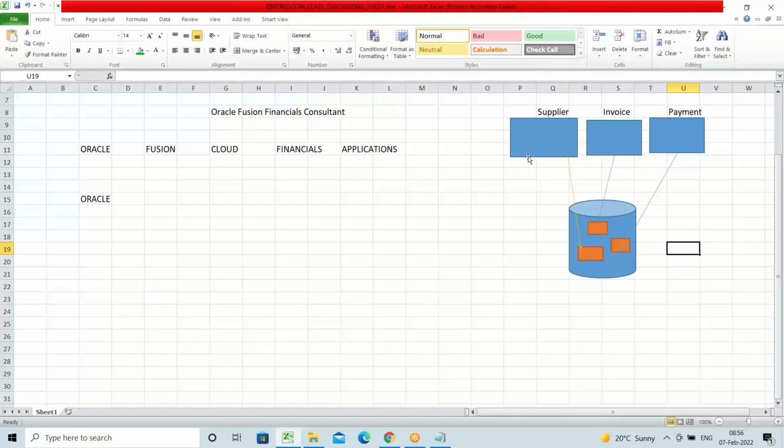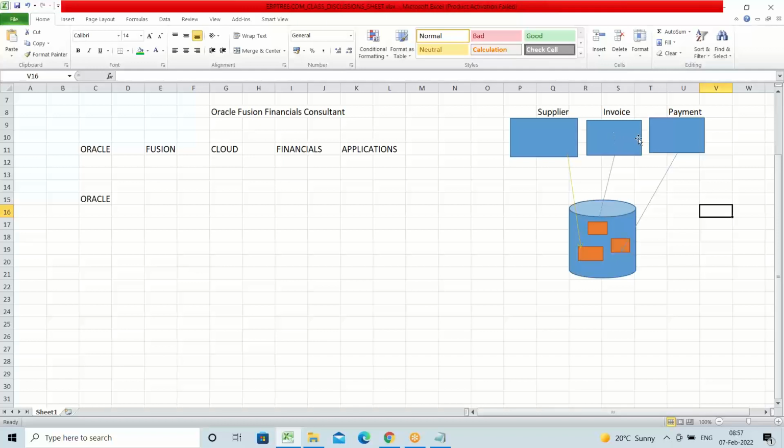If you want to store the supplier's data, enter it in the supplier page, or you can call it a form. There will be fields. Invoice data: which supplier the invoice belongs to, what the invoice amount is, what the invoice date is, when we have to pay that amount, how we have to pay, through check or cash, what we purchased, the accounts, etc. You can enter that in this invoice page.